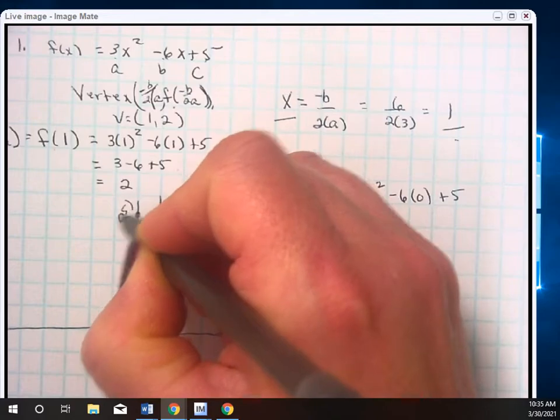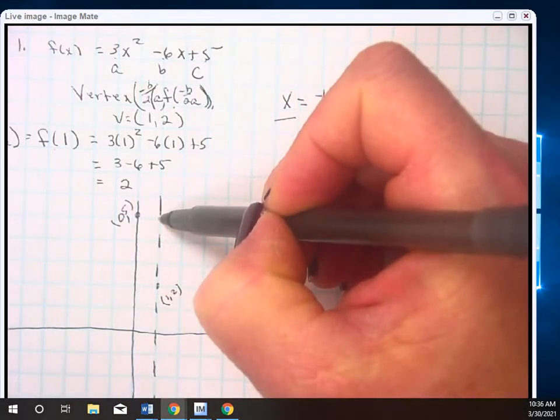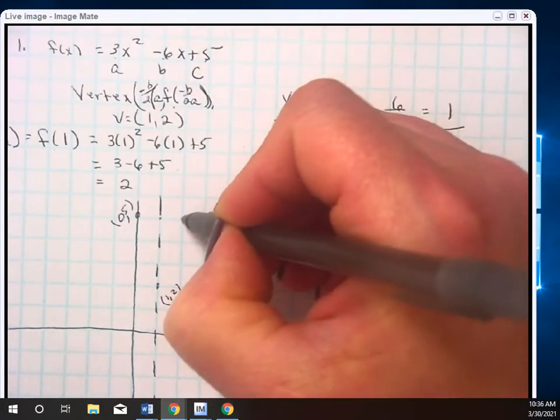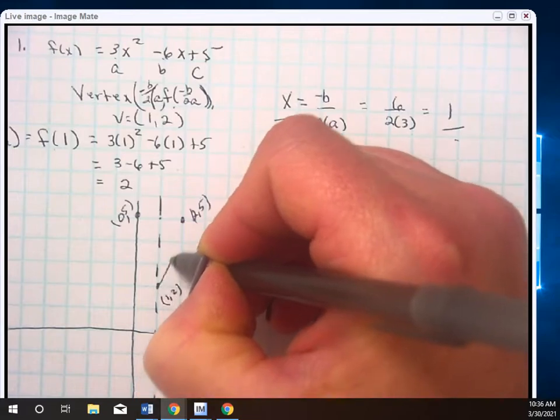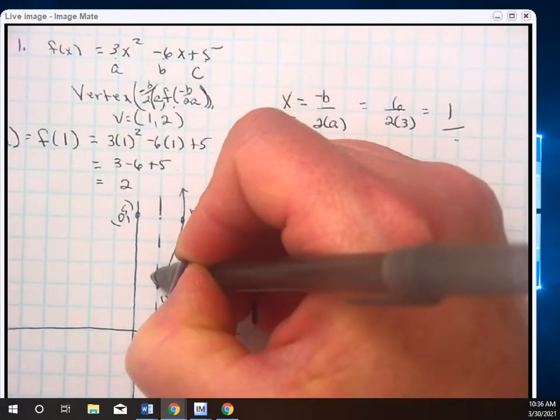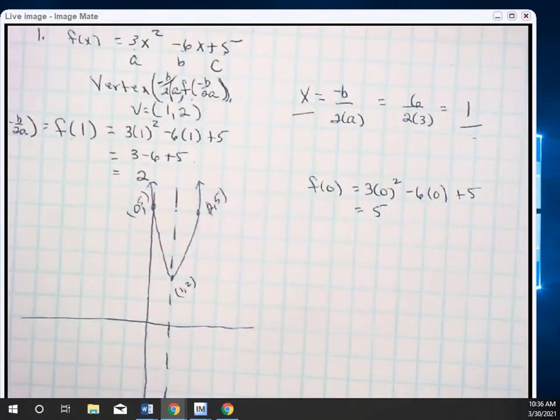This point is 0, 5. I am one space over from my axis of symmetry, so I'm going to go one space on the other side, and that point is 2, 5. I now have 2 points, and I try to make this curved. They are not straight lines. It's a parabola. I have 3 points, one of which is my vertex, and I'm done.